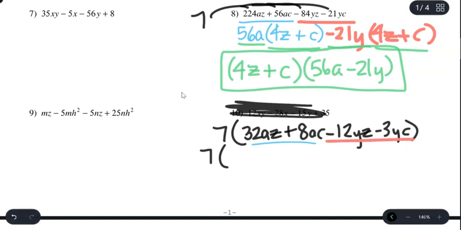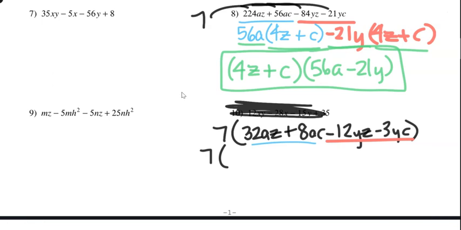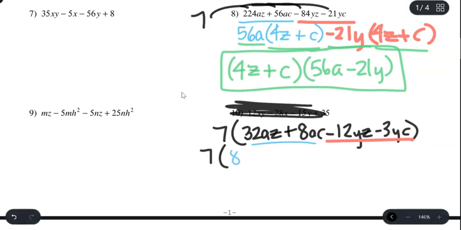So my first ones, what goes into 32 and 8? 8 does. So I can factor out an 8a here, and that leaves me with 4z plus c.